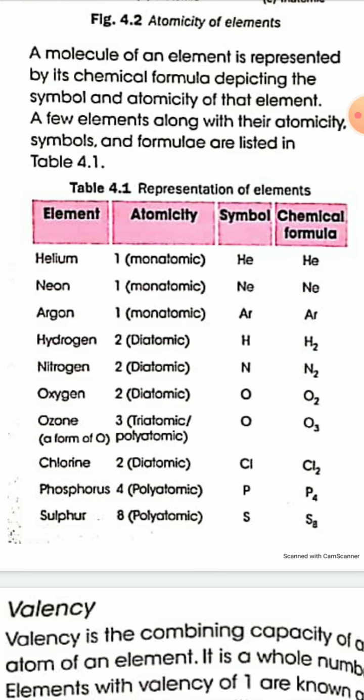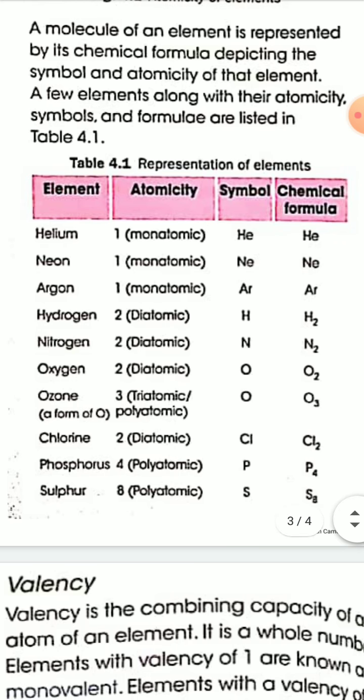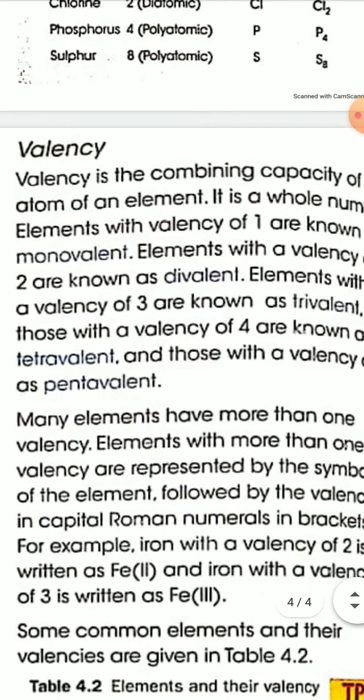Phosphorus is a polyatomic molecule because it contains more than 3 atoms. The atomicity of phosphorus is 4 and its chemical formula is P4. Sulfur is also a polyatomic molecule, with atomicity 8, an octatomic molecule. The symbol of sulfur is S, but the chemical formula of a sulfur molecule is S8.